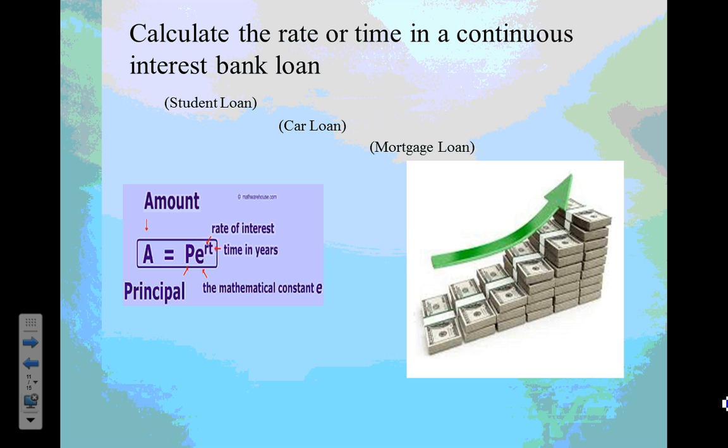That's actually used a lot in bank loans. Some of you know the formula. It says amount is equal to principal multiplied by e, which is a mathematical constant, raised to the rate multiplied by time. If you want to calculate the rate or the time, you are going to use logarithmic function.